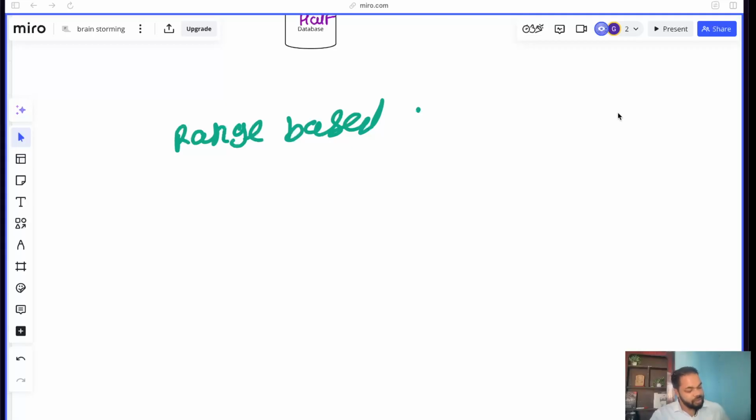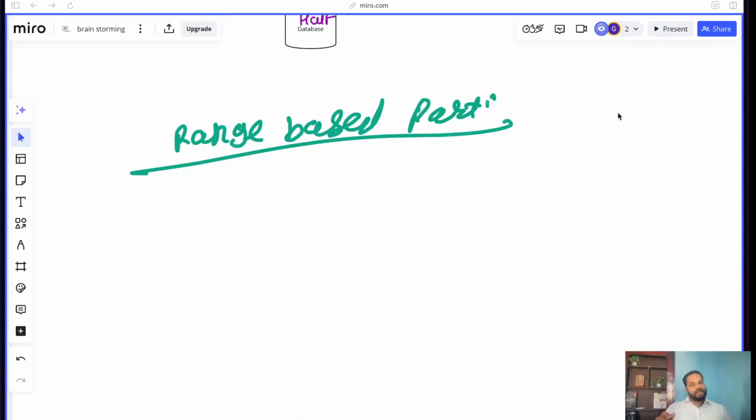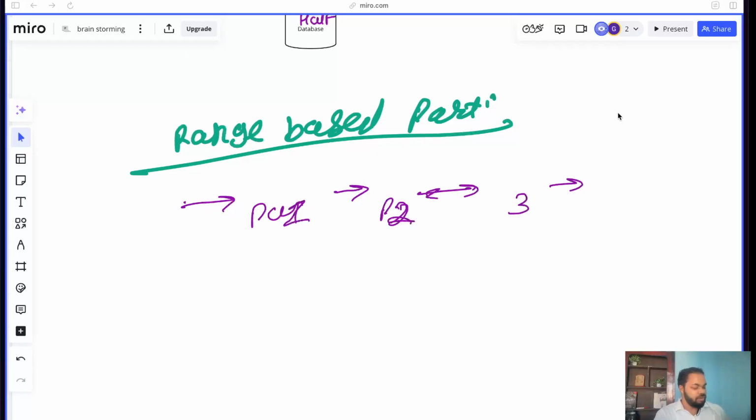What we do in range based is pick one key. Suppose we pick the ID, and now the rule for the partition key will be: from this point to this point, we will have partition 1. From this point to this point, we will have partition 2, and then 3, and that's how the partitions get divided.